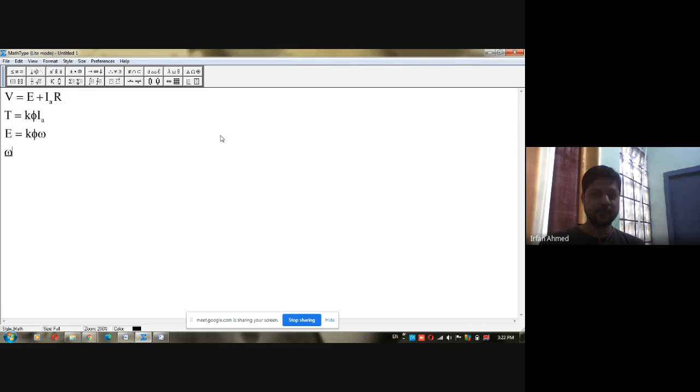So this gives us omega is equal to E divided by K phi, which is equal to V minus IA R divided by K phi.